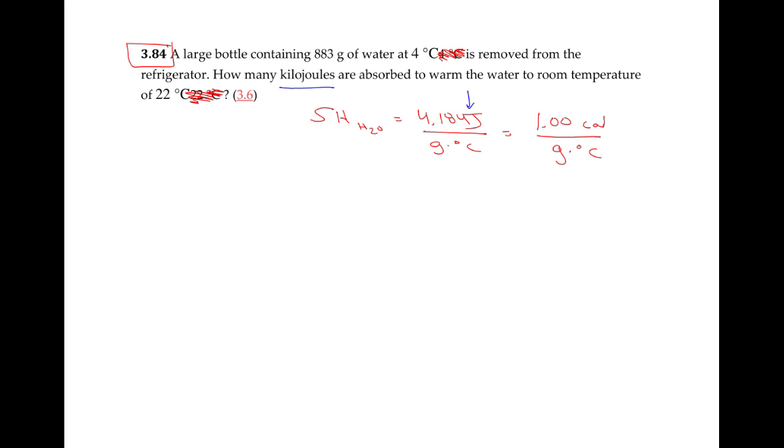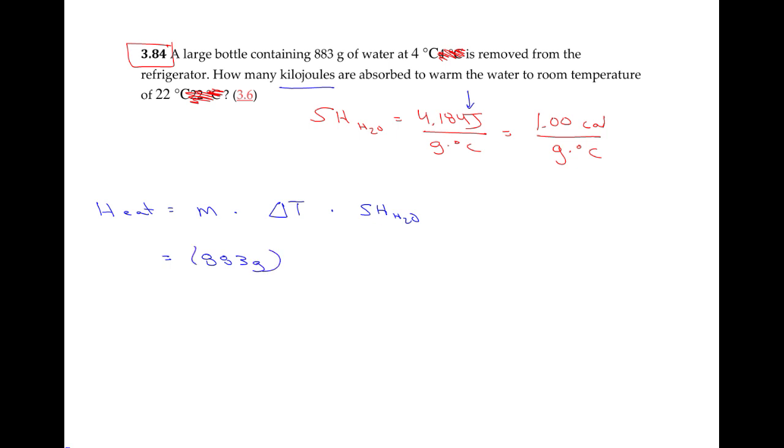So the formula that I took from our book is that heat, which is the heat that's going to be absorbed, is equal to mass represented by M multiplied by delta T, the change in temperature, which is the final temperature subtract the initial temperature, multiplied by the specific heat of water in this case. So the mass of our water is 883 grams.